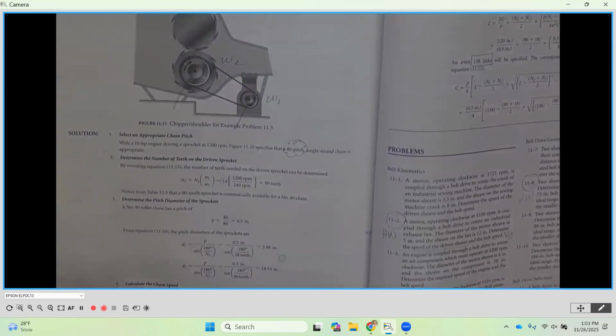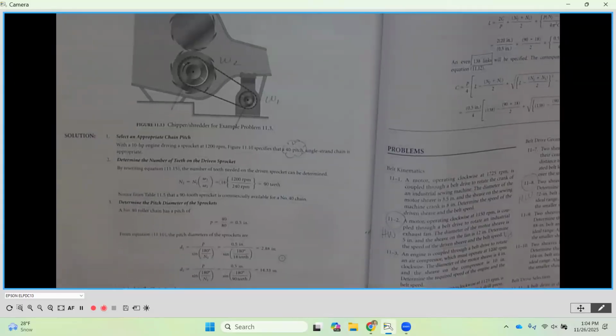If you're in that situation with any of your problems, you just have to do the very same thing. Calculate the appropriate range, what is the minimum and the maximum center distance, and then pick a number in between. So in step number 5, that's what they're doing. You're going to be like, well, why did they pick this center distance? Because it was just in the range, that's it.